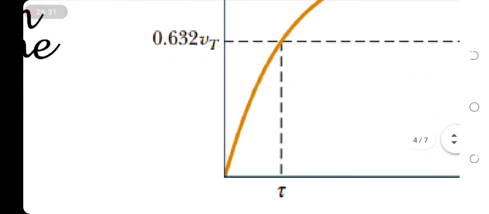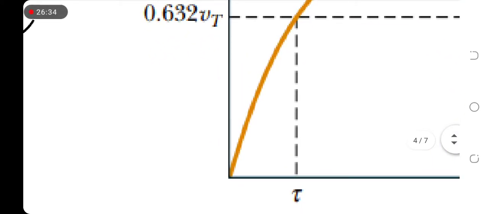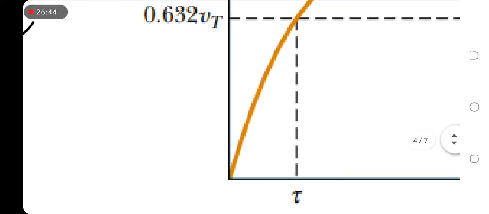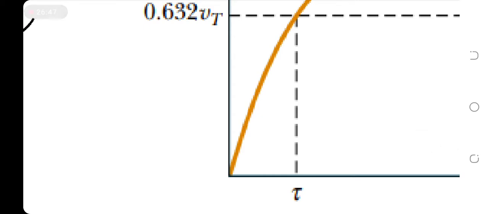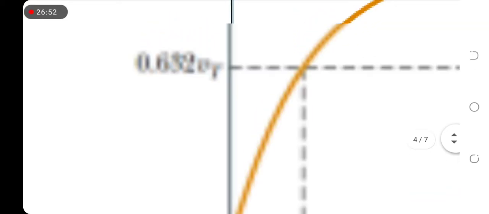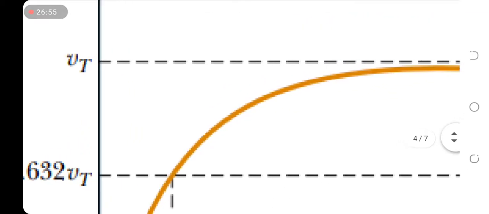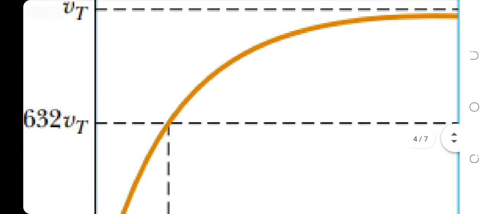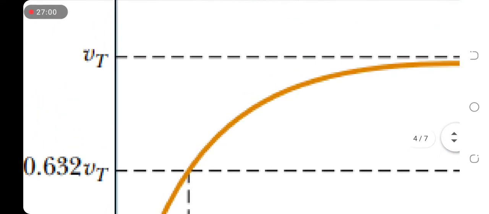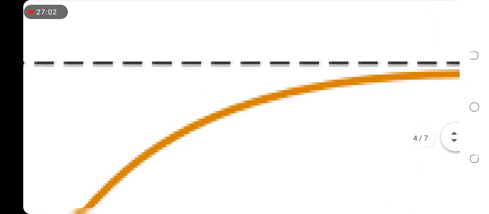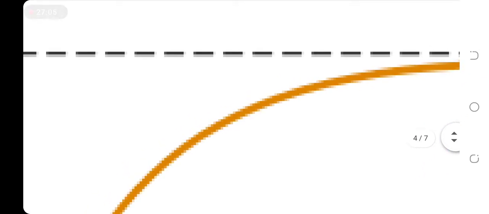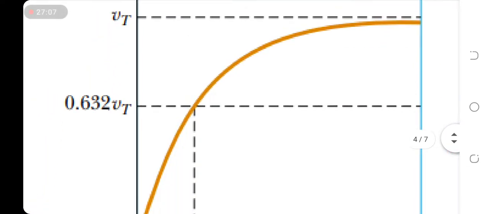As indicated in the graph, the time for which the velocity of a sphere or body in a fluid reaches 0.632 times the terminal velocity is the time constant. Then the velocity with time becomes almost constant. The line becomes horizontal. This is terminal velocity.